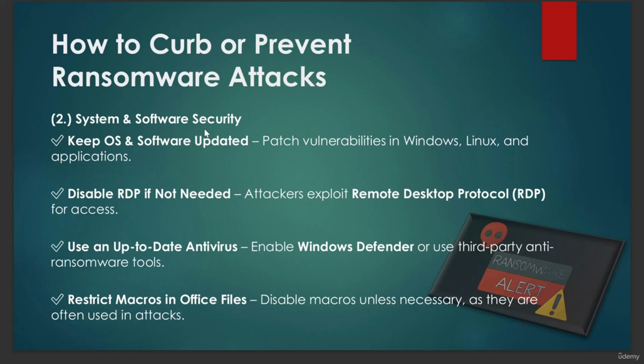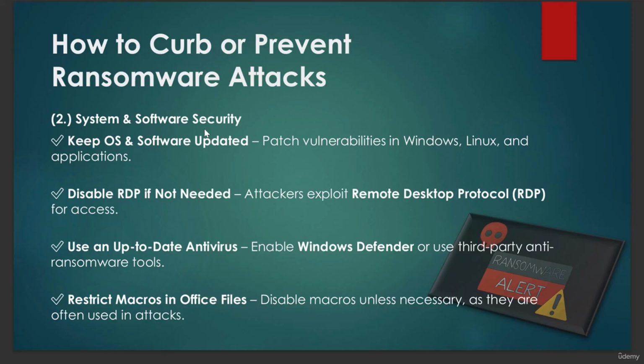Now patch vulnerabilities in Windows, Linux, and your software applications by updating your software. Now disable remote desktop protocol if not needed. Attackers exploit RDP to gain access. So always disable these services whenever you are not using them or whenever you are not in need of them.